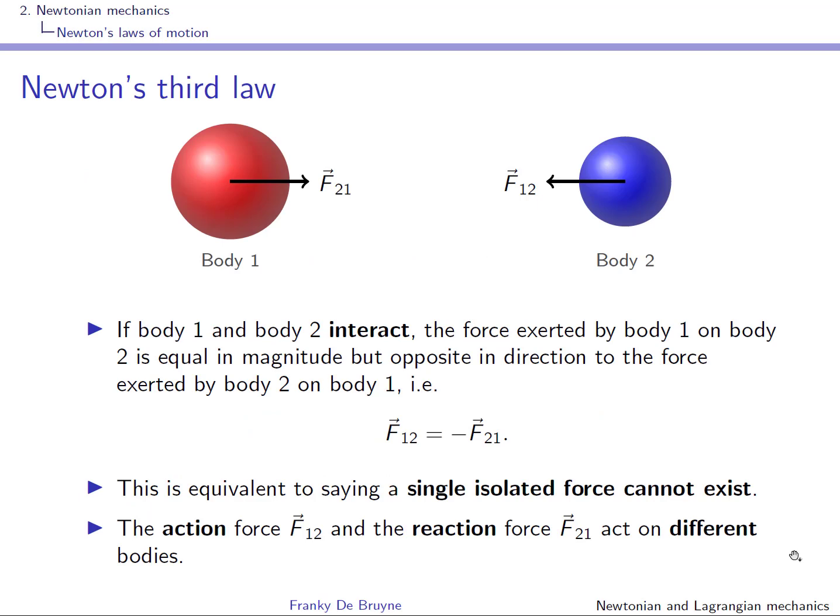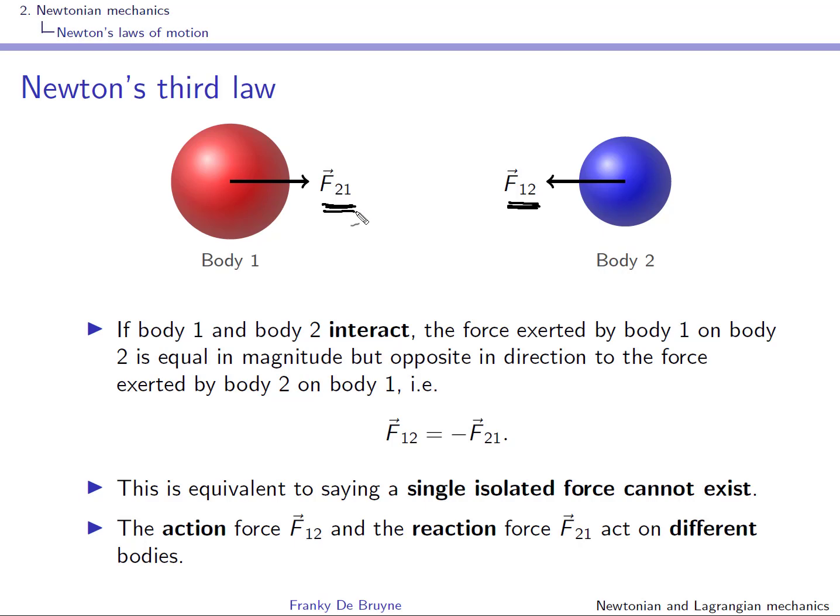Well, we go now to the third law of Newton, and here you see that there are two bodies that are exerting a force on one another. You have this force here, it's the force of body 1 on body 2, and this is the force that's exerted by body 2 on body 1.